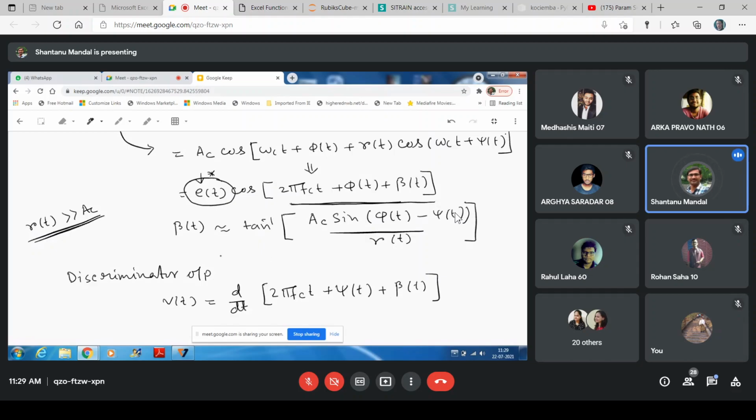So actually beta t is AC by RT into sine of phi t minus psi t.